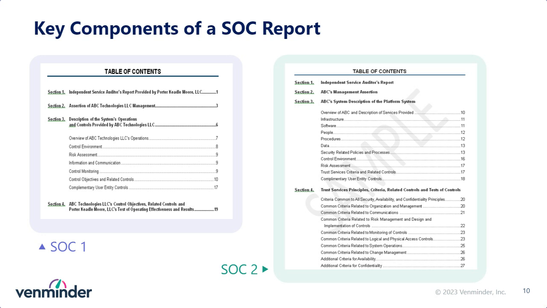But ultimately when you're talking about sections, most SOC reports, if not all, have the same 4 sections: an independent service auditor's report, the assertion from the management of the vendor, and then section 3 is a description of the system's operation, which is the narrative, really the bulkiest part of the report itself. And then section 4 is going to be testing, whether it's a Type 2 or a Type 1, which we'll talk about a little bit more down the road.